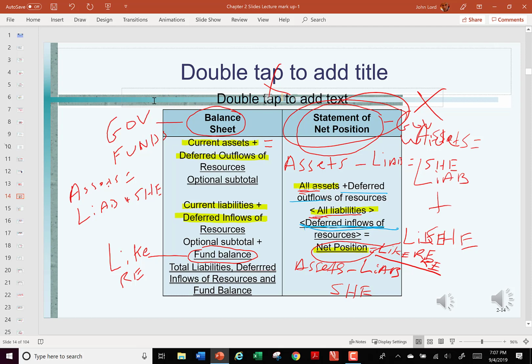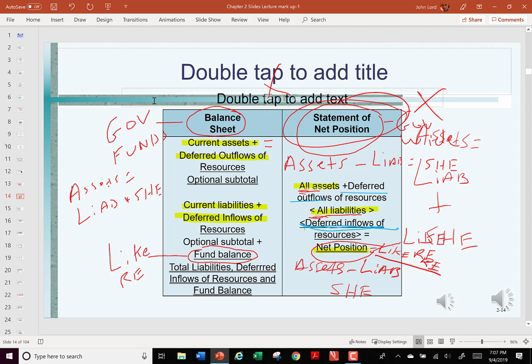Okay. Now, this part that I underlined in blue, deferred inflows, deferred outflows. Deferred inflows are kind of like prepaid items, but different. So they are not quite assets, but they're kind of like assets. Are prepaid items assets?